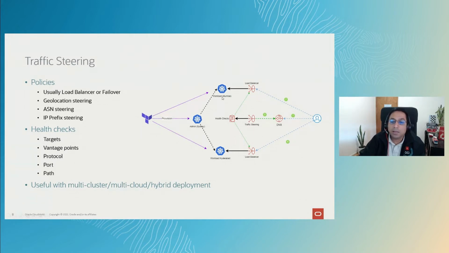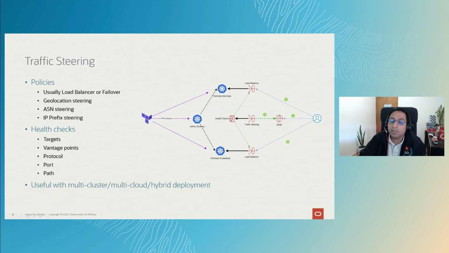As the diagram illustrates here, I have two Kubernetes clusters, one in Mumbai and one in Hyderabad. I've exposed them publicly using load balancers. Now, what I want to do is create some kind of a load balancer policy. Basically, some traffic goes to Mumbai or some traffic goes to Hyderabad.